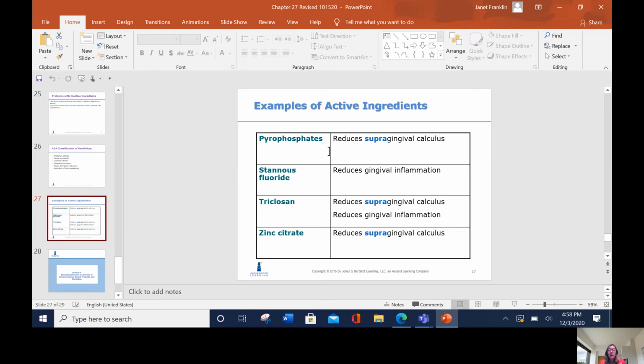Triclosan kind of goes back and forth with its safety issues. Triclosan is commonly used in antibacterial hand soaps. It reduces supragingival calculus and gingival inflammation, but there's been some controversy in the past about triclosan in toothpaste. Zinc citrate reduces supragingival calculus.